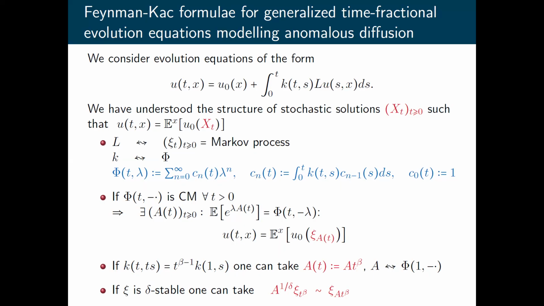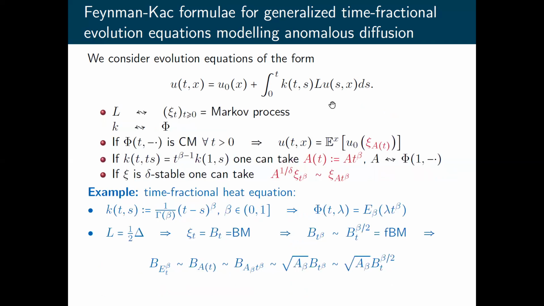So as stochastic solutions, we can take either Markov process subordinated with this guy or a randomly scaled time-delayed Markov process. So this is a new class of processes which can be used for stochastic solutions for such type of equations.